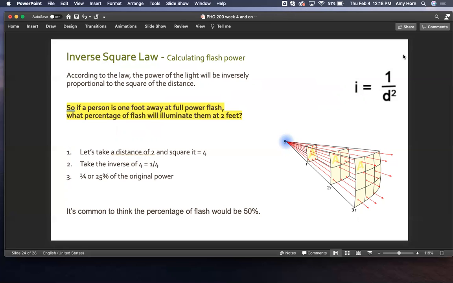So that means you end up with a quarter power at the distance of 2 feet versus full power at the distance of 1. The diagram on the slide here identifies how light spreads out, and that's why the difference in the light is exponential, because the light is spreading in all directions, not through like a flashlight would through a tunnel.